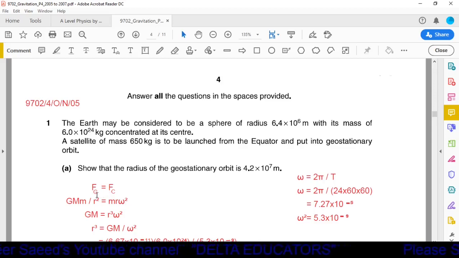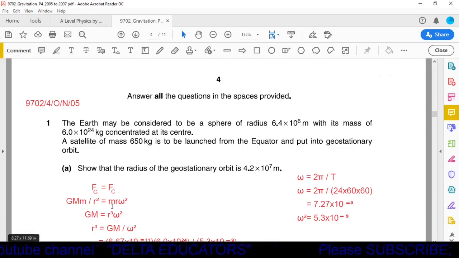Now gravitational force is given as GMm over r squared, where G is the gravitational constant, M the mass of Earth, m the mass of the satellite, and r the separation between the satellite and Earth. Centripetal force is given as m r omega squared, where m is the mass of the satellite, r is the separation between the satellite and Earth, and omega is the angular velocity of the satellite.